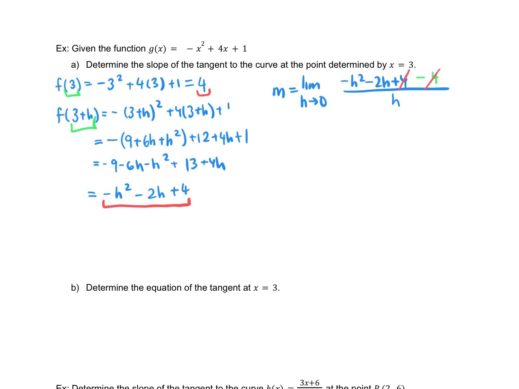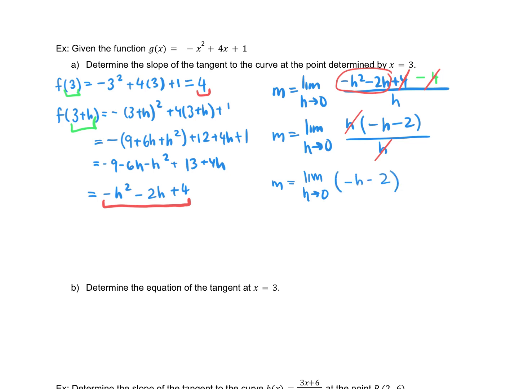Well, 4 minus 4 is 0, which is great because that'll allow us to common factor out an h. And I know normally we would factor out a negative h, but I only need the h to cancel out, so I don't really worry about getting that full GCF. The h's cancel out, and we're evaluating the limit as h approaches 0 of negative h minus 2.